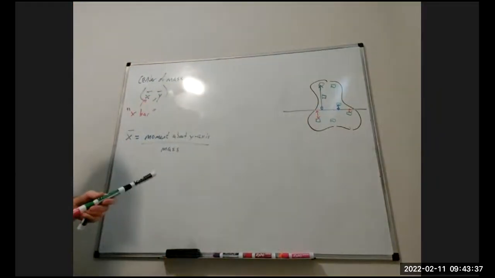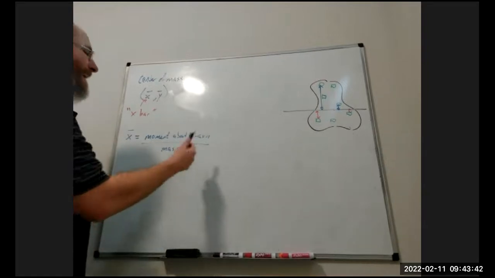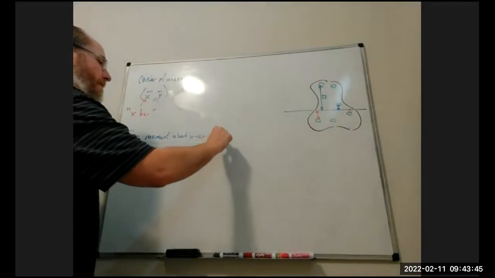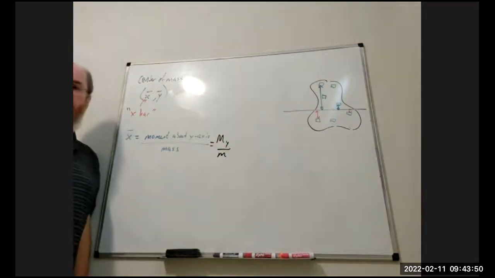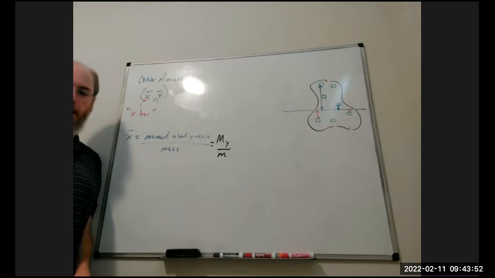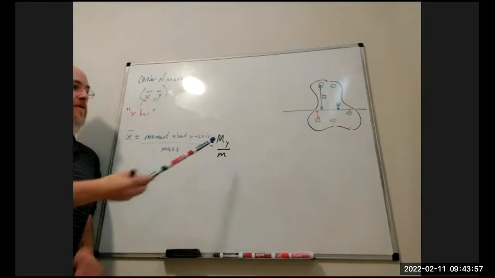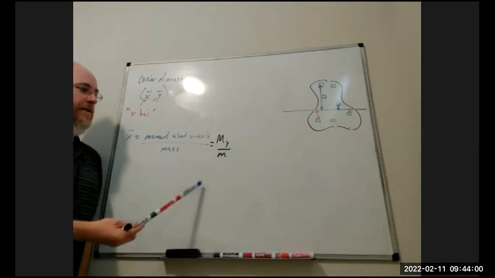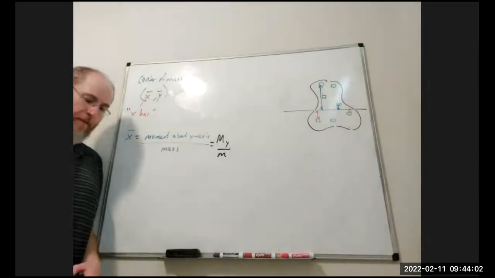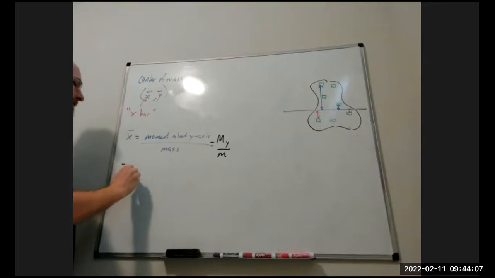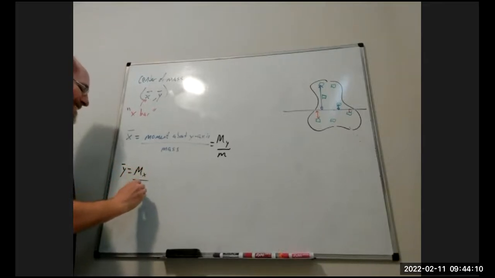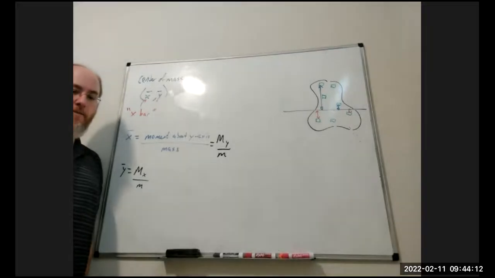So that's what I mean by moment about the y-axis. When you look at this in the book, I really don't like this notation, but I write it this way. Don't write it as big M sub y divided by little m. So your moment is the capital M about the y-axis divided by mass here. So then similarly, y bar, that's going to be your moment about the x-axis divided by the mass.